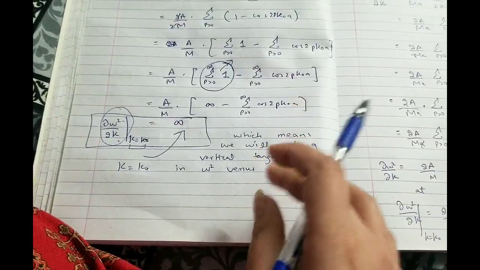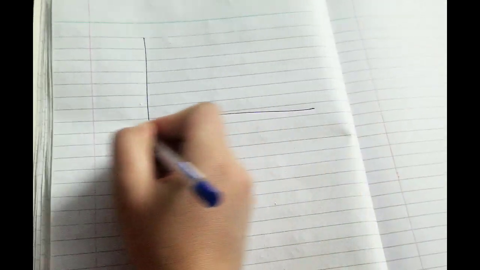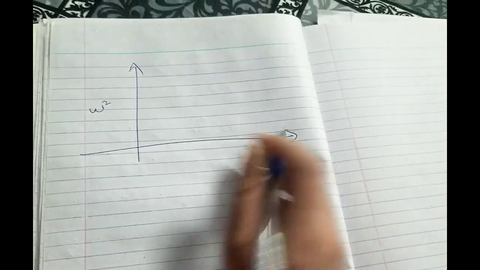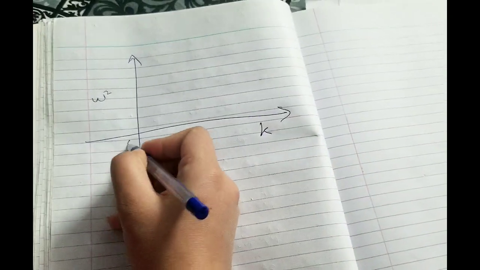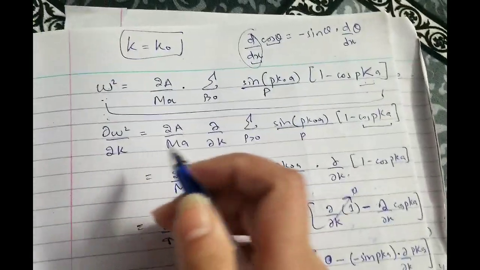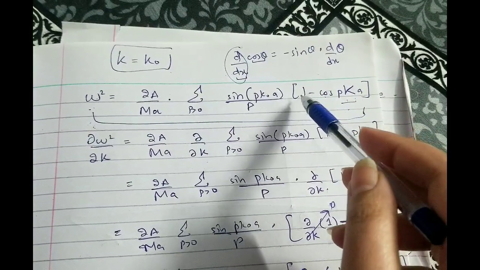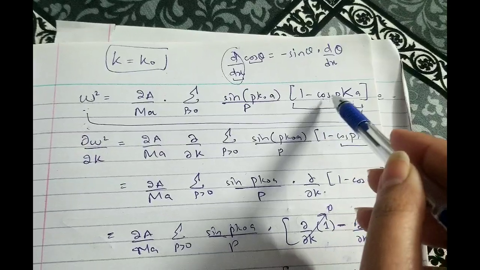Okay, so we can express this in a graph in this way. Let's say we have omega square on the y-axis and k on the x-axis, and this is the origin. So we can see here that the determining factor is 1 minus cos pka.